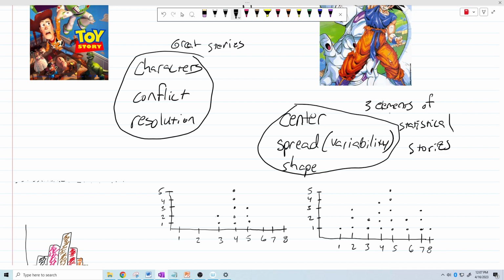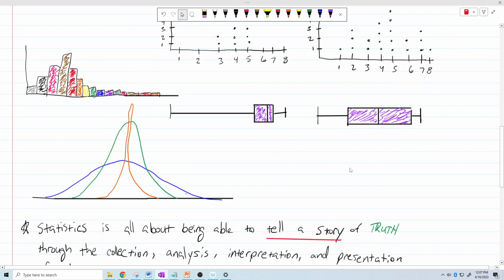Center, spread or variability, and shape. Each of these three things we will talk about in much more detail. There are actually measurements and calculations to determine center and spread, which when done will give us a certain shape.